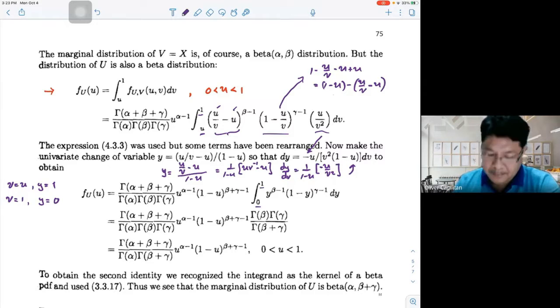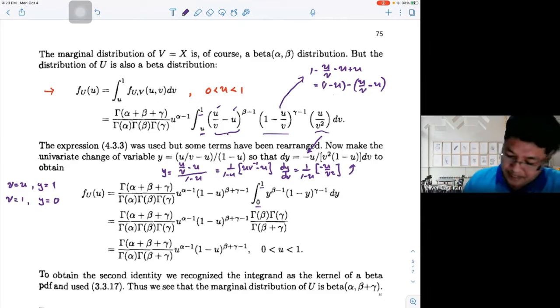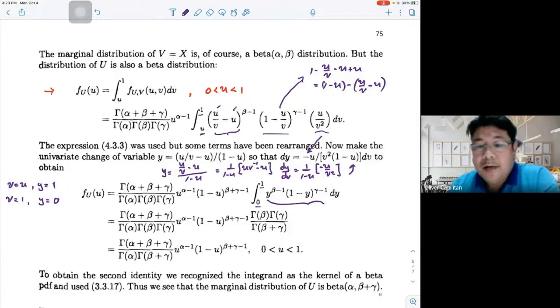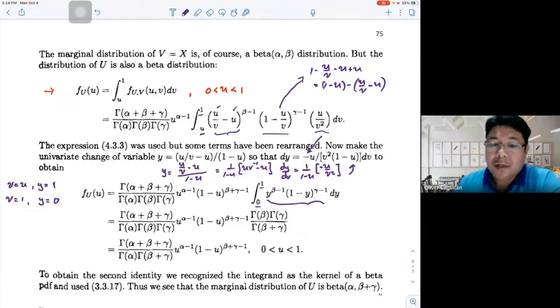Again, all the more you simplify that until we get this integrand. Okay? So the integrand in our integral is actually the kernel of a beta distribution with parameters beta and gamma. And that is why, using the property of our PDF, because it's a PDF of a beta distribution, it would sum to 1. Therefore, the resulting expression here will be just equal to this.